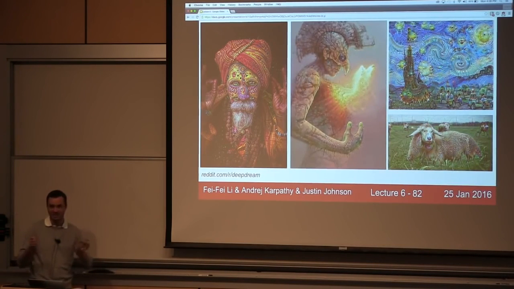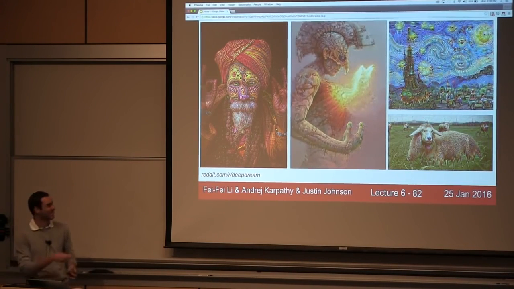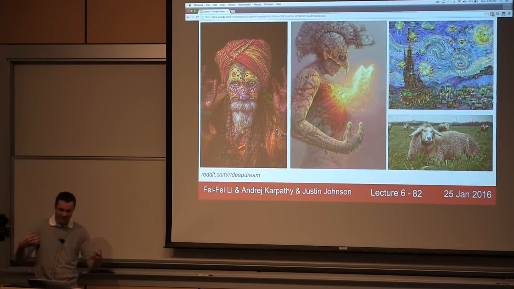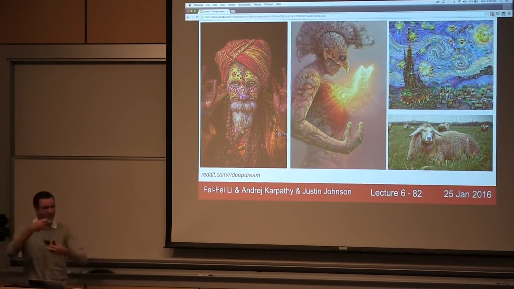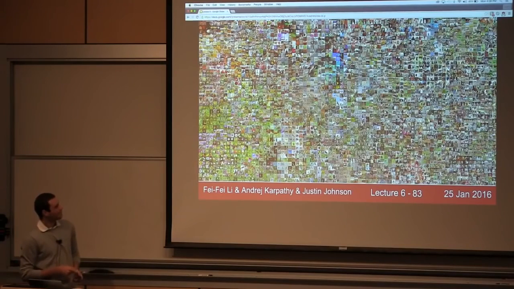It has to do with the fact that ImageNet, which is where these networks get trained, has a lot of dogs, and so these networks end up hallucinating dogs. It's kind of like they're used to some patterns, and when you show them a different image, you can put them in a loop with the image, and they'll hallucinate things. So we'll see how this works in a bit. I'm not going to explain the slide, but it looks cool.